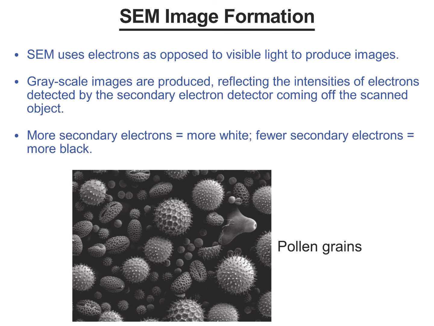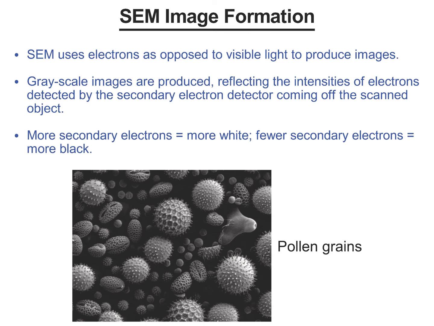Summarizing what we've been talking about regarding image formation with SEM, images are formed using electrons, not visible light. Since the wavelengths of electrons are much shorter than visible light, SEM images do not show color.